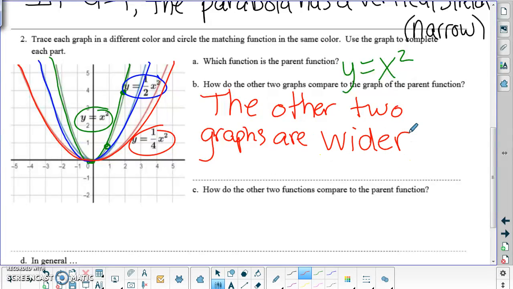In part C, how do the other two functions compare to the parent function? So now I'm looking at x squared, 1/2 x squared, and 1/4 x squared. So the smaller a value makes the graph wider.